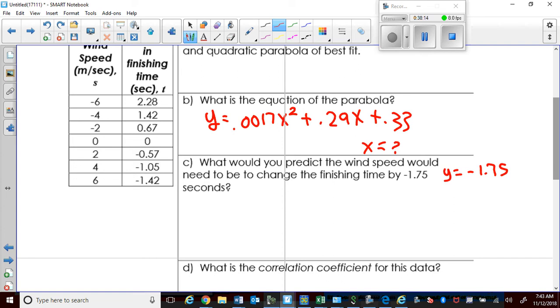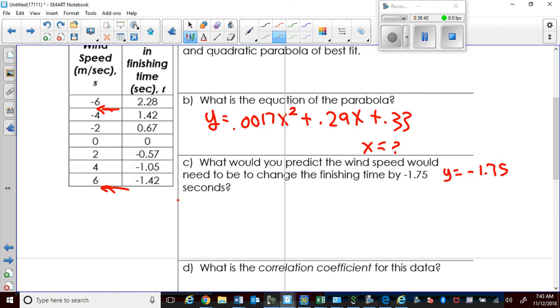So x could be between these two numbers, so about negative 5, or x could be above at 7. But let's just see what this is. So we're going to plug this number into the equation, and we're going to use the quadratic formula. So I'm going to be writing very tiny, as small as possible.